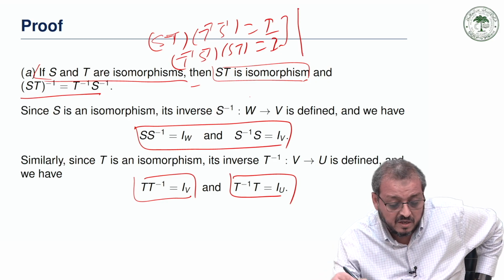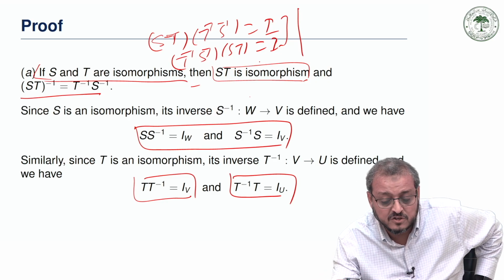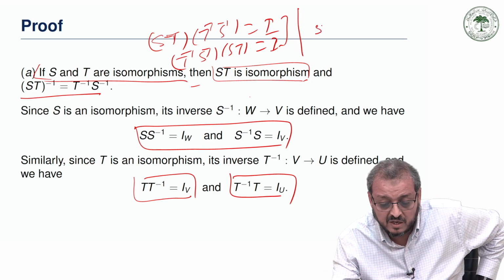Next, if S is an isomorphism and ST is an isomorphism, we take ST of U.